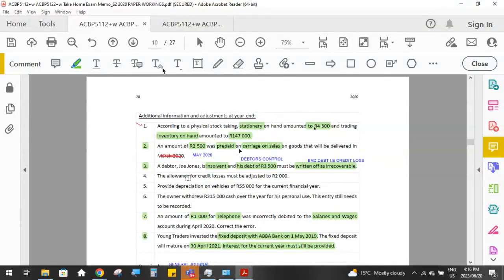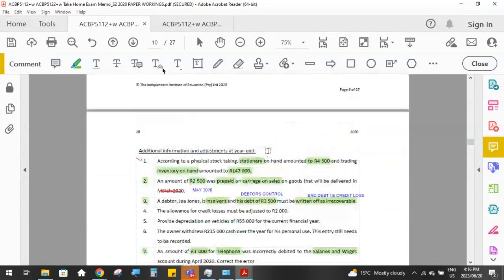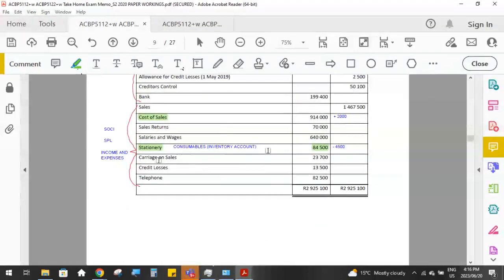Then this amount of 2.5 was prepaid on carriage on sales. So 2.5 carriage on sales, this account, it was a prepayment, which means that I must reduce that by 2.5, which will give me a new balance of, what will that be, 21.2.